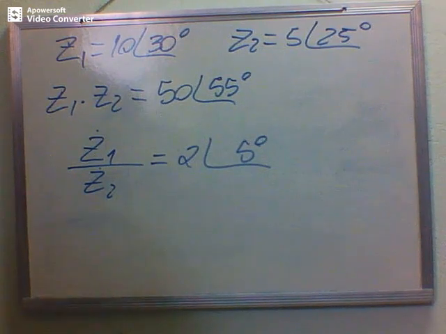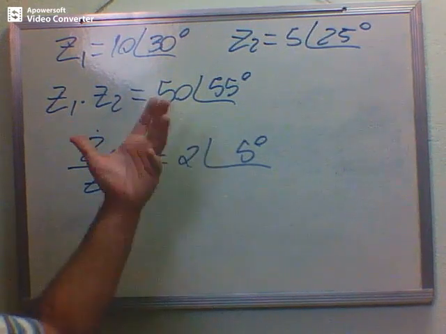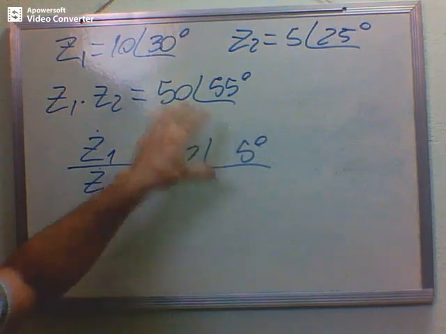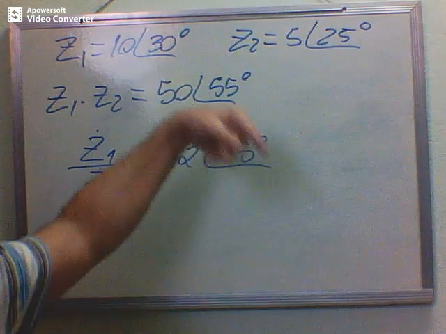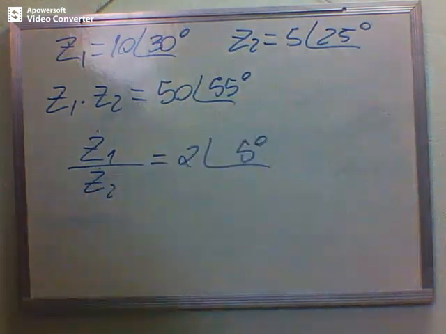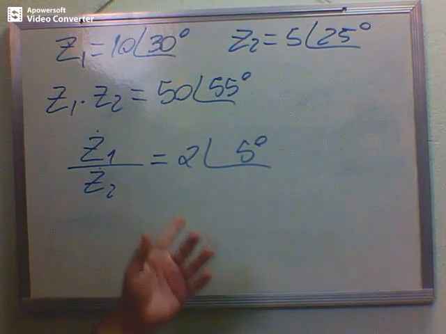And in this way, we were seeing that performing addition and subtraction with the Cartesian form is much easier, and performing multiplication and division with the polar form is a lot easier. Okay, so if you are given the Cartesian form of the complex number, you might want to convert it to the polar form in order to operate division and multiplication.